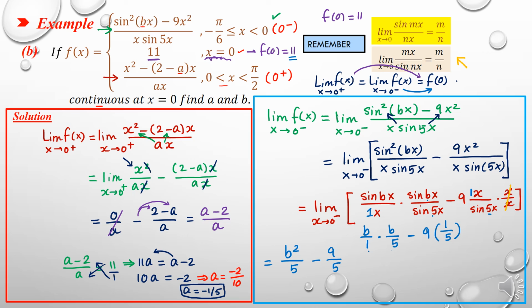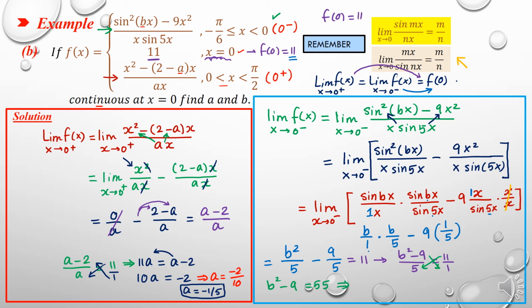So you have to put this expression equal to 11, and we can write it as b squared minus 9 divided by 5 equals 11, and we can rewrite 11 as 11 over 1. What to do next is the cross multiply. So b squared minus 9 times 1 is b squared minus 9 equals 11 times 5 is 55.